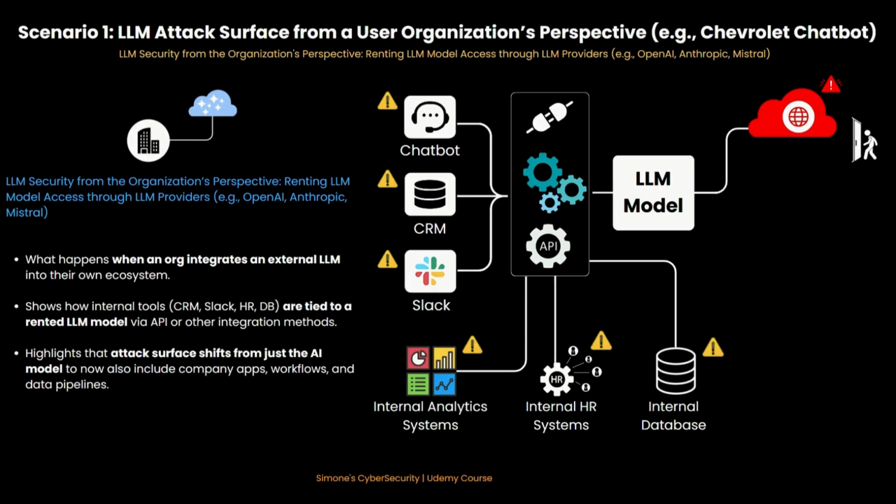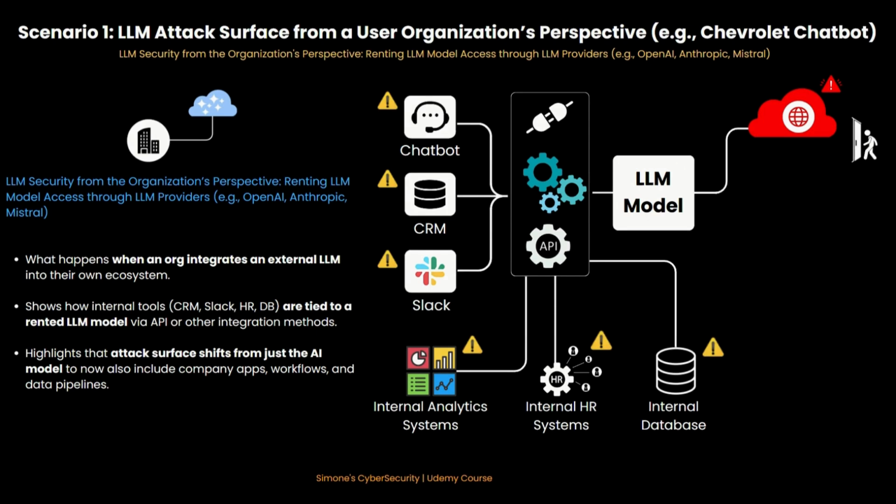Every time an internal system, whether it's a customer support platform, HR tool, database, or internal dashboard, interacts with an external LLM over an API, a new trust relationship is created, right? And although this communication is secured through encryption and authentication, it still introduces risk. Why?